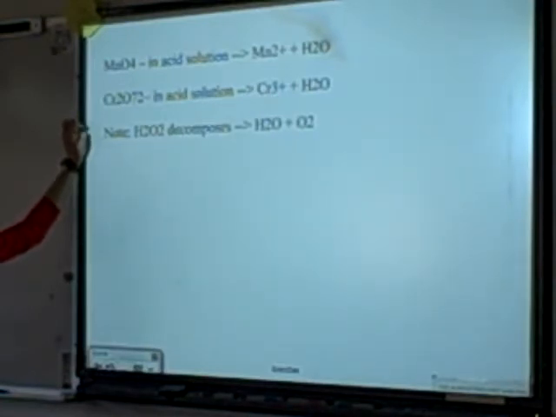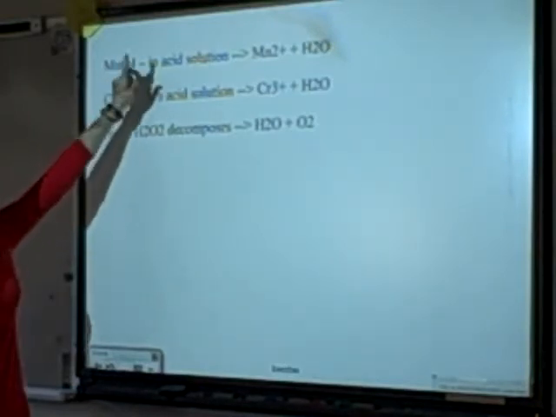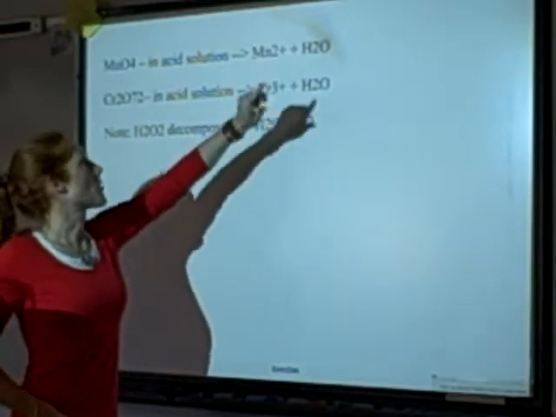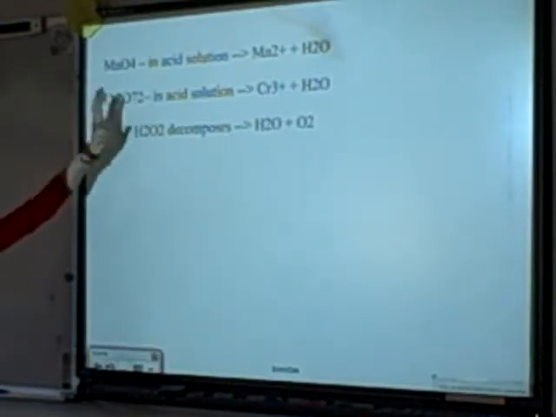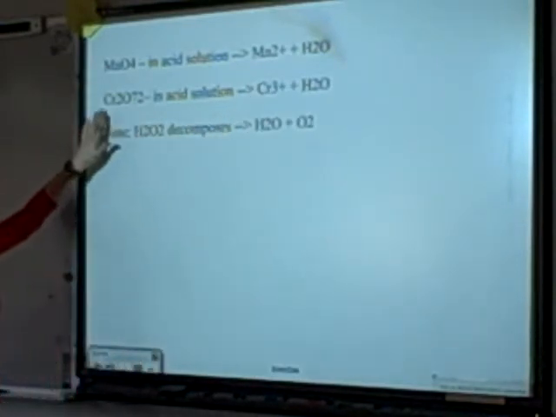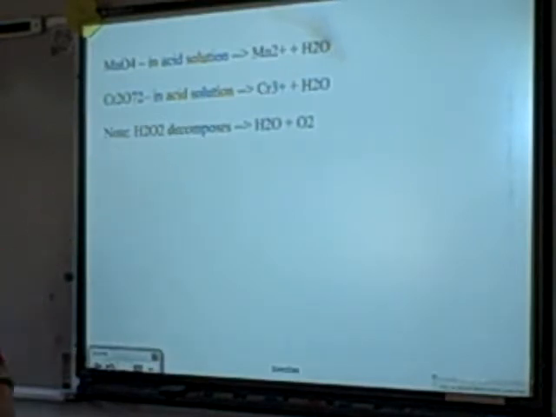If you can memorize all of them, cool, but there's so much that you have to take in that I'd prioritize. Permanganate ion in an acid solution makes manganese 2+ in water. Dichromate, that's Cr2O7 with a 2- charge, in acidic solution makes chromium 3+ in water. So the chromium, well, we'll see what's happening. Hydrogen peroxide, I would memorize, decomposes to water and oxygen.